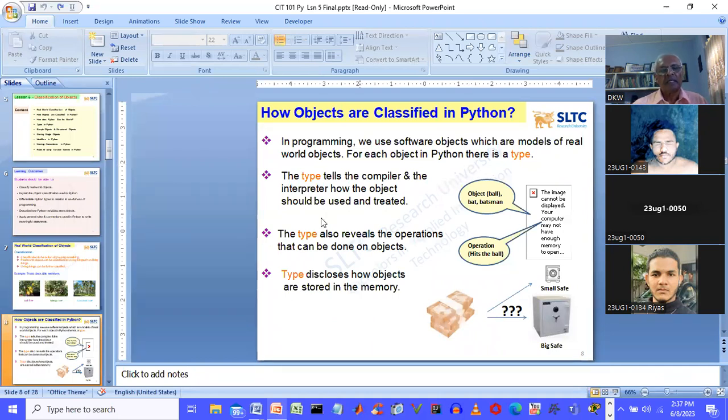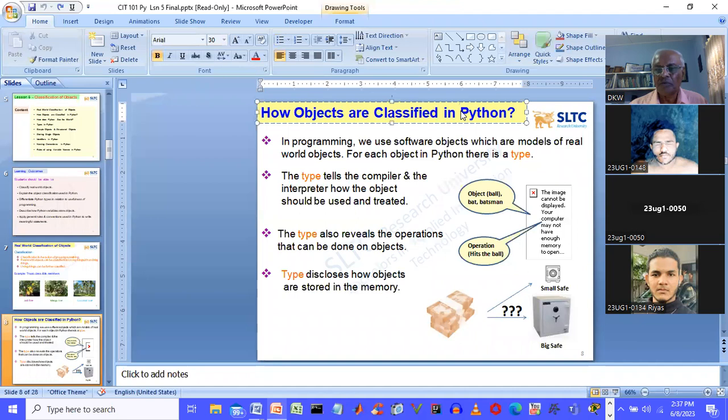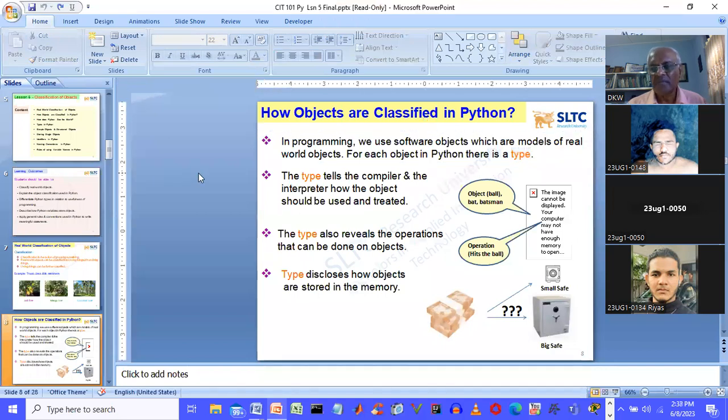So when you interact with the computer, we are going to use Python now. For each object in Python, there is a type. This is how Python sees the world. Take a mother to understand this. Take a mother having, say, 5 children.